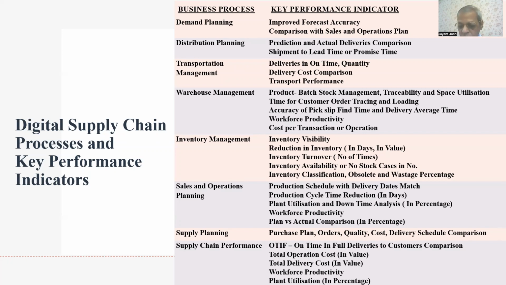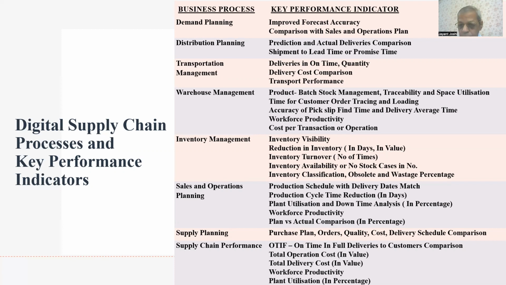So what are those things? And during transactions, is there any wastage? If there is wastage, what is the percentage of wastage, and how can you minimize it? These are the factors we should really look at for improving your supply chain and achieving excellence.